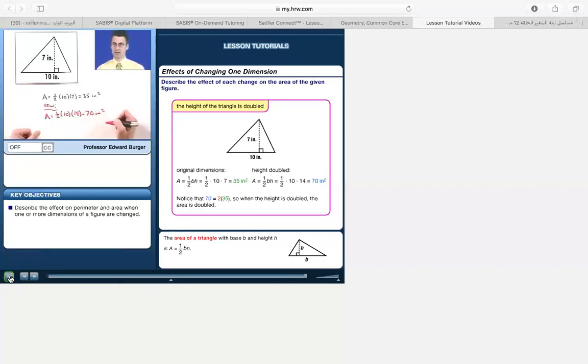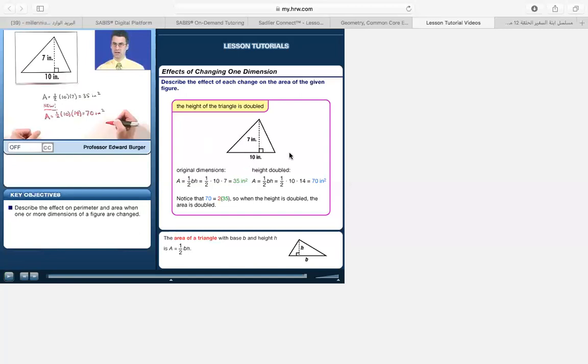As you see here, girls, I have a triangle. Its height is 7 and its base is 10. I want to know its original area. What is the formula of the area of any triangle? It is half base times height. Look at my cursor here.